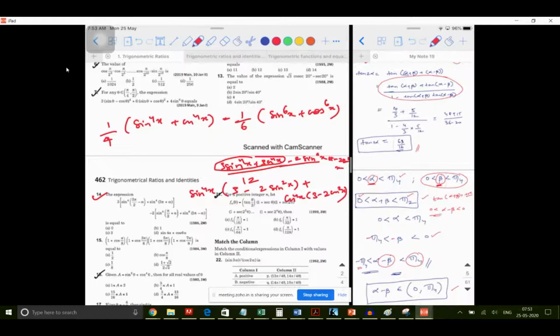Now, how did you handle this? You can take sine square x as 1 minus cos square x. If you take that, then this thing will become... I'll take a new note and write.